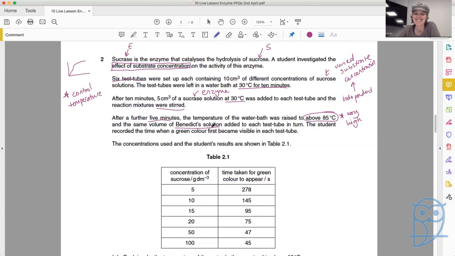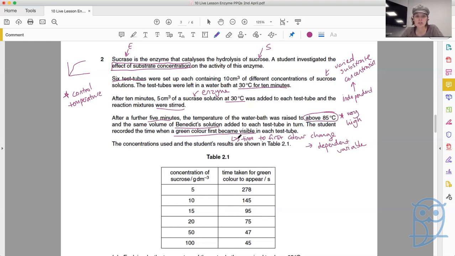Added to each test tube in turn, the student recorded the time when a green color first became visible in each test tube. So here's your time to first color change. This is now your dependent variable. It's the one you're measuring. It depends on the substrate concentration.